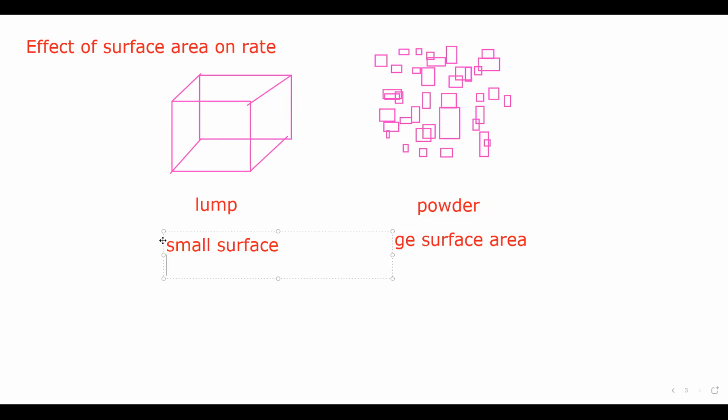And we can also say this is large particle size and this is small particle size. Size of the particle is small but the total surface area is larger. Here size of the particle is big but the total surface area is smaller.